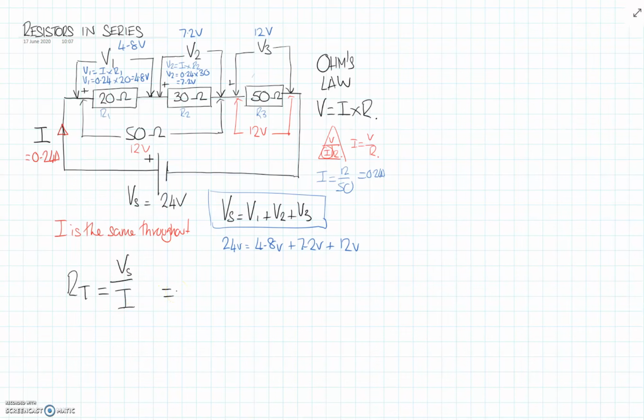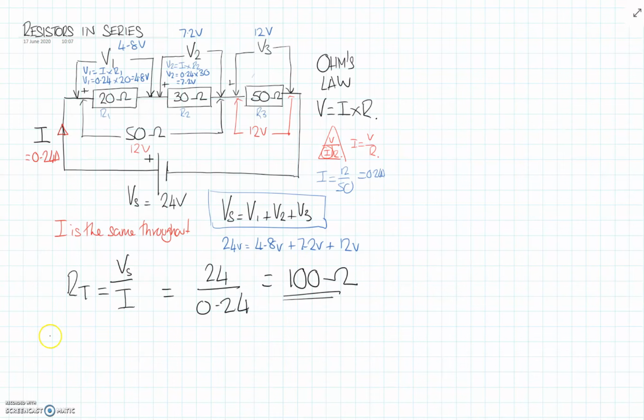So to work out the total resistance, 24 divided by 0.24 should give us 100 ohms, which it does indeed. If you add all those resistors together, 20, 30, 50, we get 100 ohms. So these values must be right.